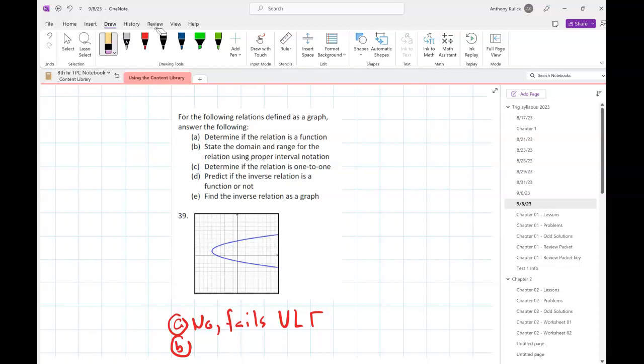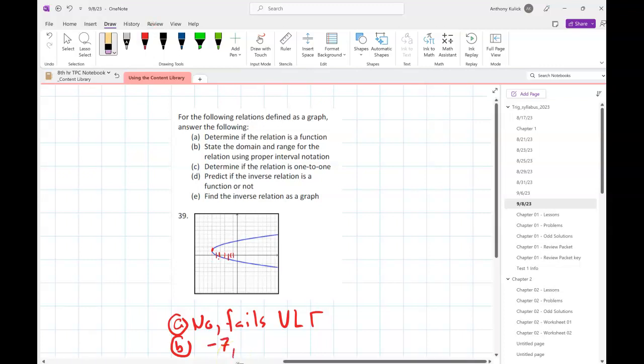So for the domain, what I'm going to do is look at the point on the graph that's furthest to the left, which appears to be that point right there, which looks like -7.